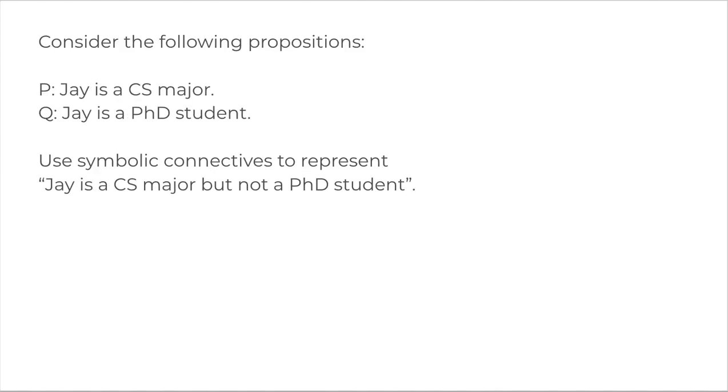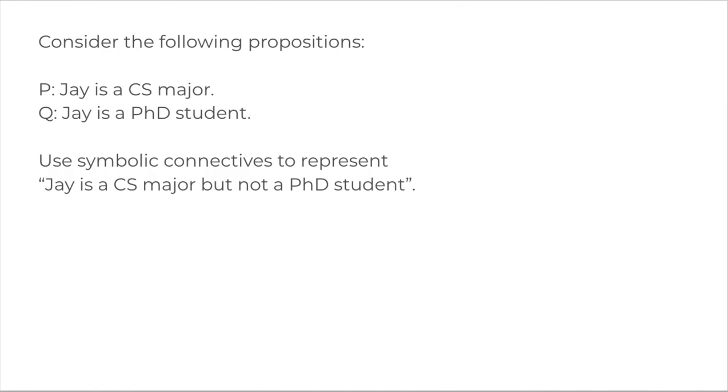Consider the following propositions. Statement P says that Jai is a CS major. Statement Q says Jai is a PhD student. Can we use the symbolic connectives to represent "Jai is a CS major but not a PhD student"? So Jai is a CS major, that's the first part, but not a PhD student, right?